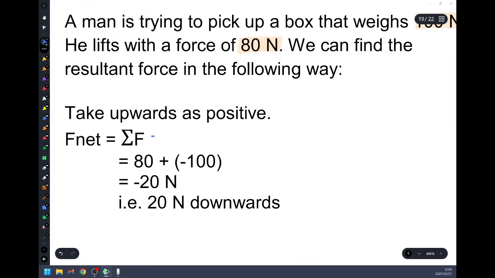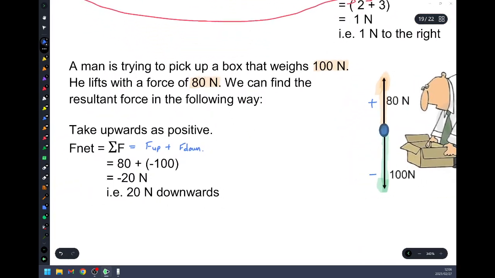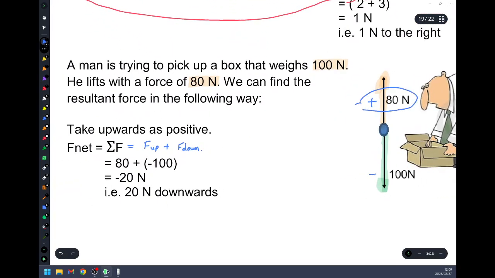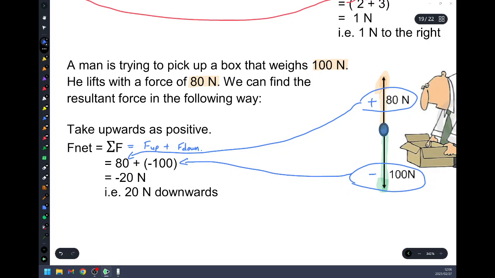So if we add these two up, that's going to be F up and F down, forces up and down. And so we substitute them, that positive 80 gets substituted in as a positive 80. Because the 100 Newton is acting down, we substitute it as negative 100. Sum the two up, and we get negative 20 newtons. So that negative, because it is negative, tells us that it is acting downwards.